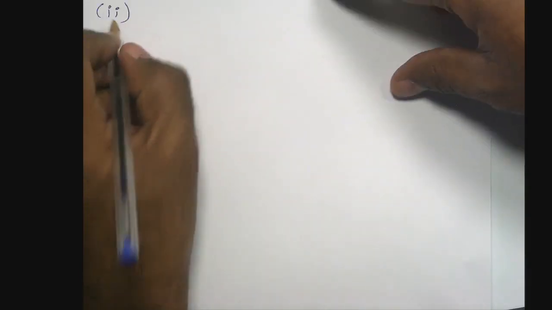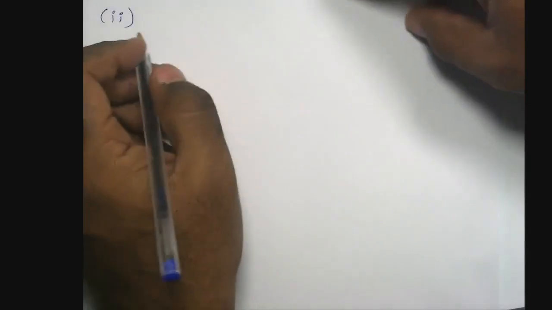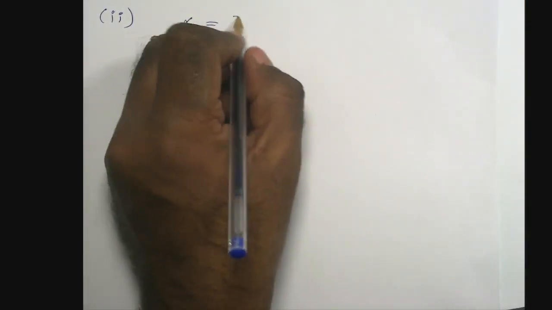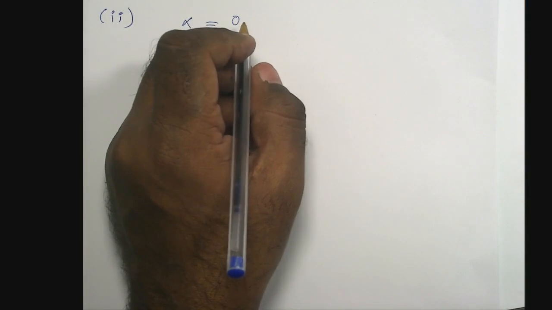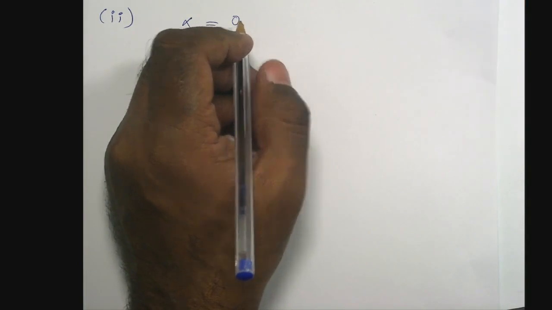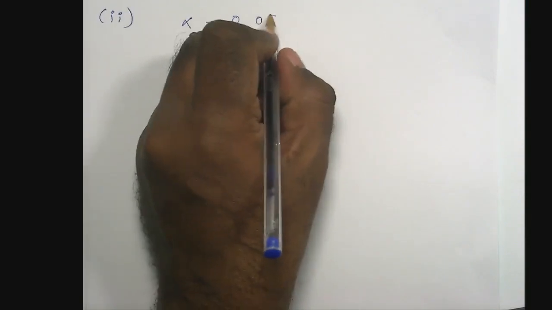Now to do part 2 of question 2, we are told that alpha is 0.05. I don't have the question. Is it 0.1 or 0.05? 0.05, okay, good.